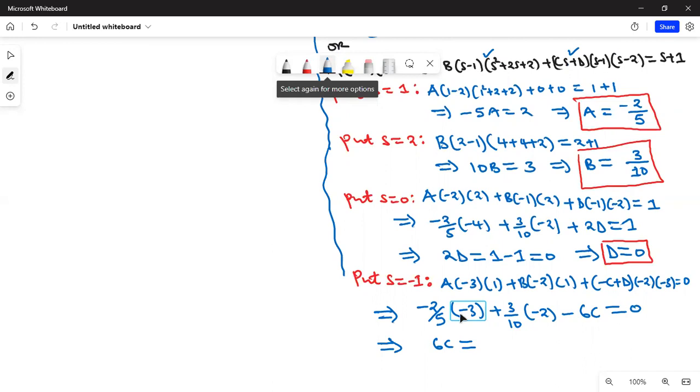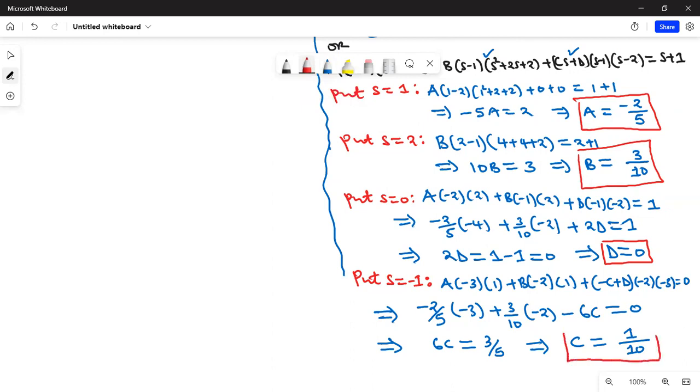So I'll write here 3/5, so that you can now make c the subject. c, divide that by 6, so that you get 1/10. Remember, it is 3/5 divided by 6. That should give us 1/10. So now we have the values of A, B, C, and D.